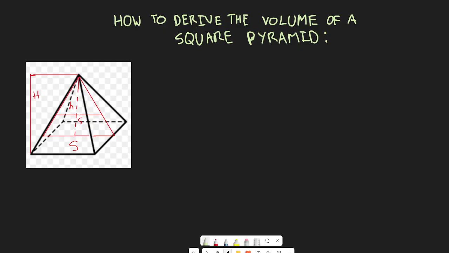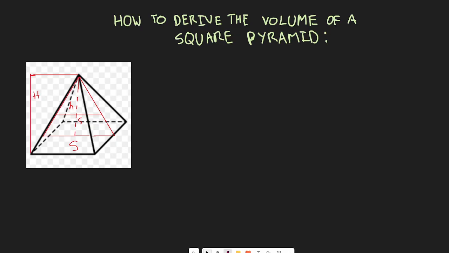So these two lines over here and over here are parallel to each other. So that means that this angle right here and this angle right here and this angle right here and this angle right here are congruent. So this one to this one and this one to this one, right? So that means that these two triangles are similar.